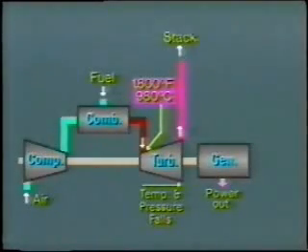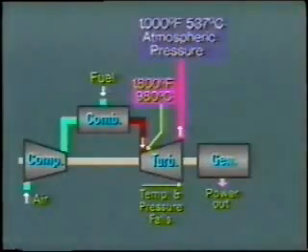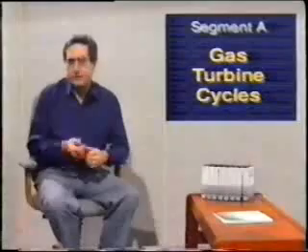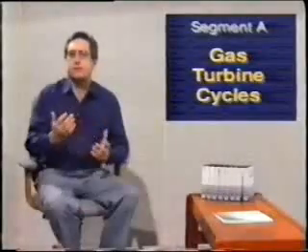Eventually, the gas discharges at close to atmospheric pressure and a temperature of, say, 1,000 degrees Fahrenheit or 537 degrees Celsius. Now, please bear in mind that the values we have chosen are merely an example to give us a feel for the order of magnitude. When you're working with gas turbines, make sure that you know the specific figures related to your particular machine.